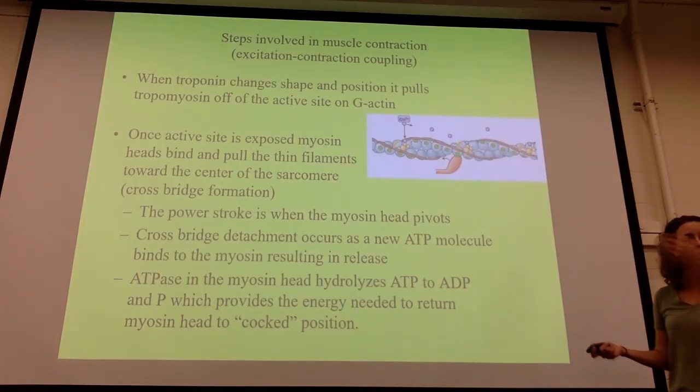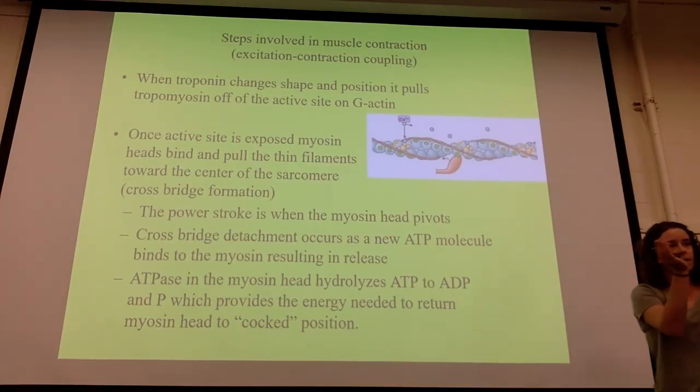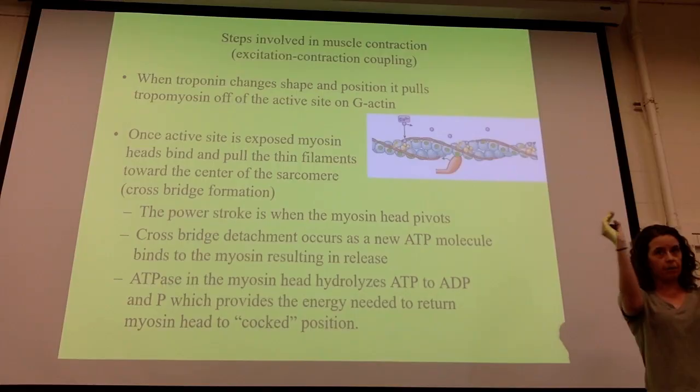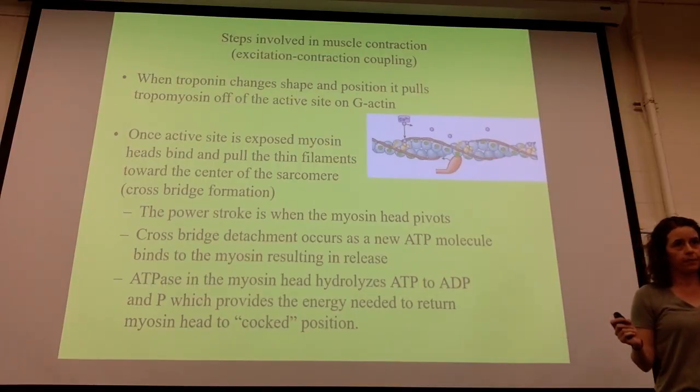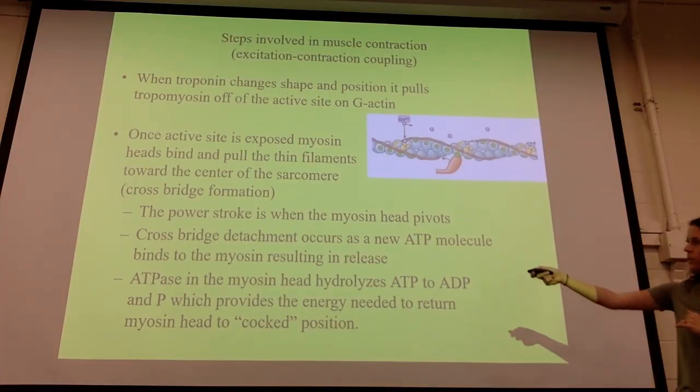After that cross bridge has been formed, we have the power stroke. This is when the myosin head pivots and pulls actin towards the center of the sarcomere. I'll show you a video clip after this.